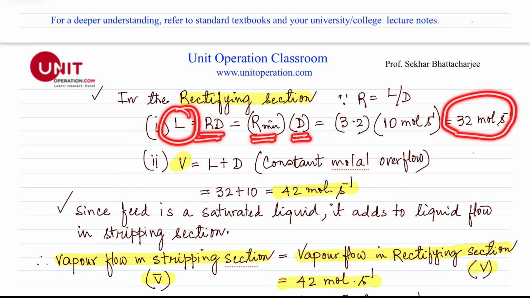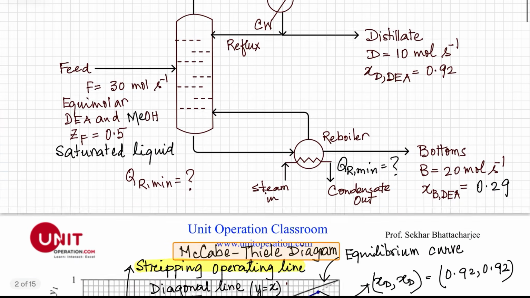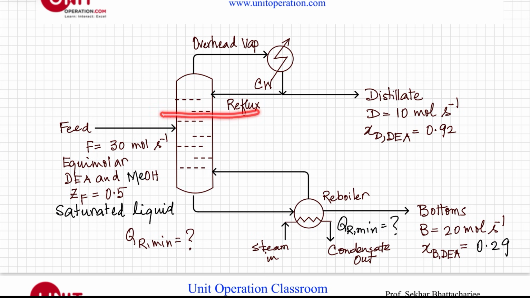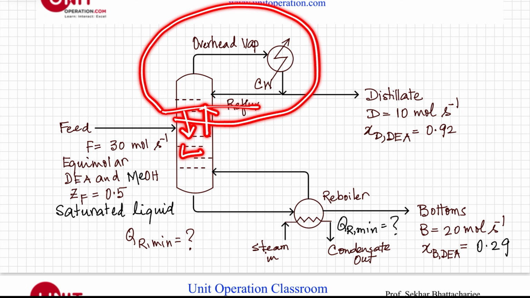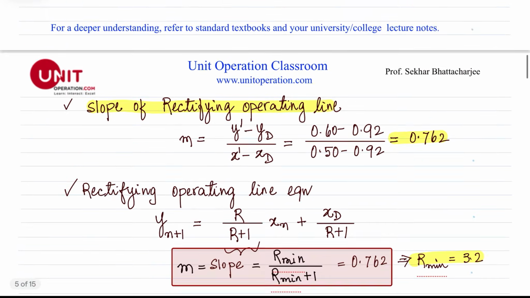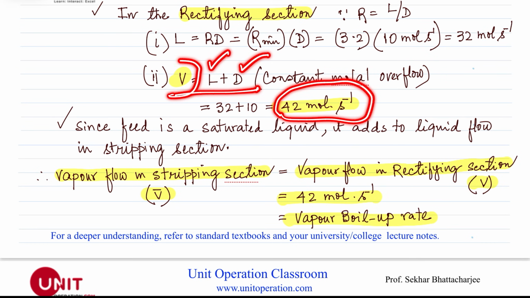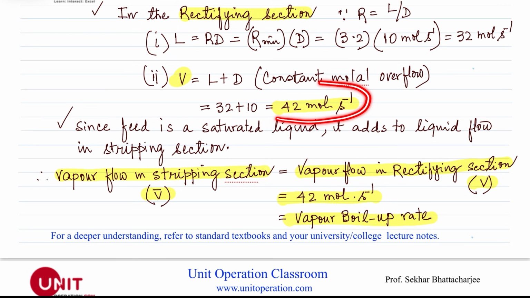And vapor flow rate is equal to L plus D, because if we take any plate here, where this is L and this is V, and do the material balance, V is equal to L plus D. We know the value of L, we know the value of D, so that's 42 mole per second. So the vapor flow rate at any point within the rectifying section is 42 mole per second.